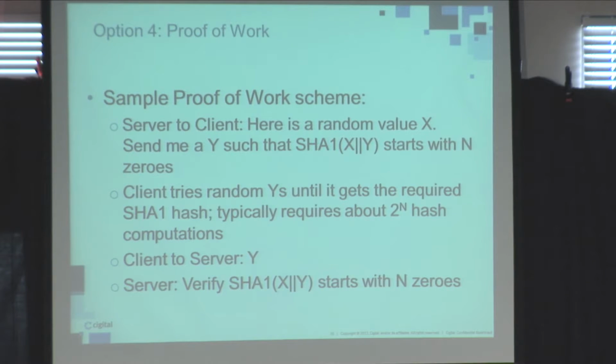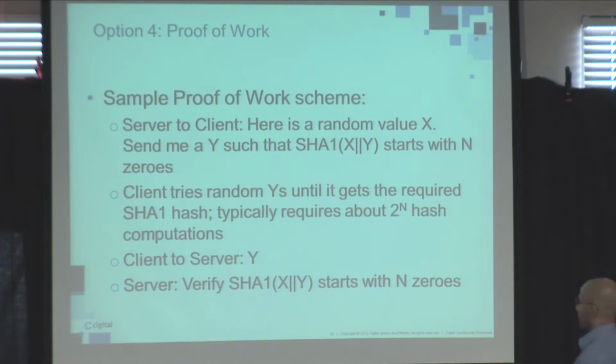And you can make that as many zeros as you want. And the more zeros you add, the more work the browser has to do to find a value y. So the client has to try random y's until it gets the required hash. That's typically going to require about 2 to the n computations, where n is the number of zeros that you want up front in the SHA-1 hash.